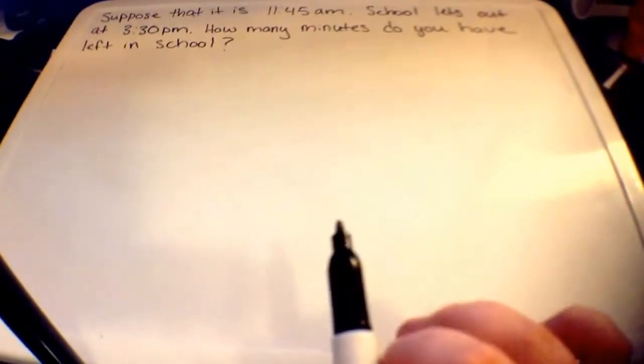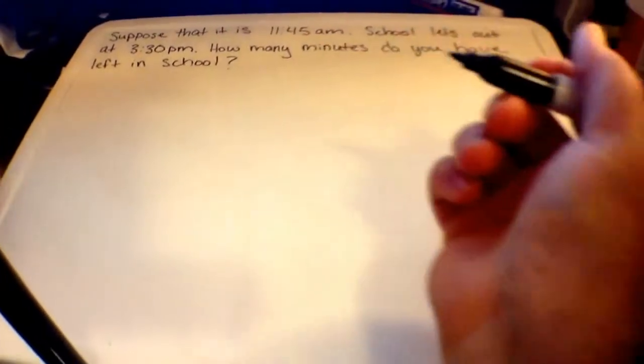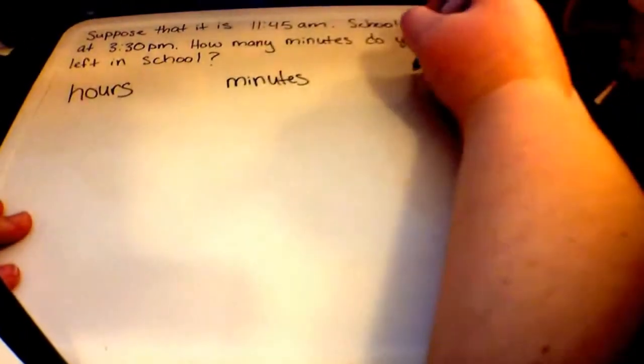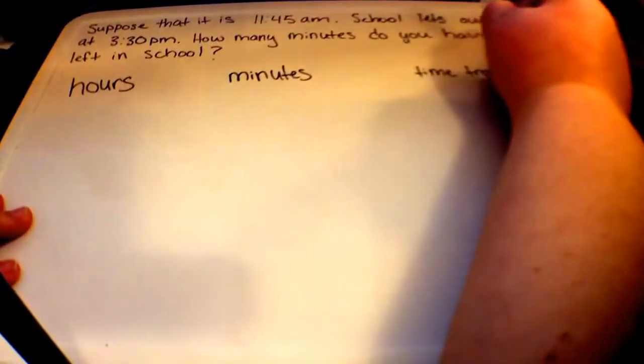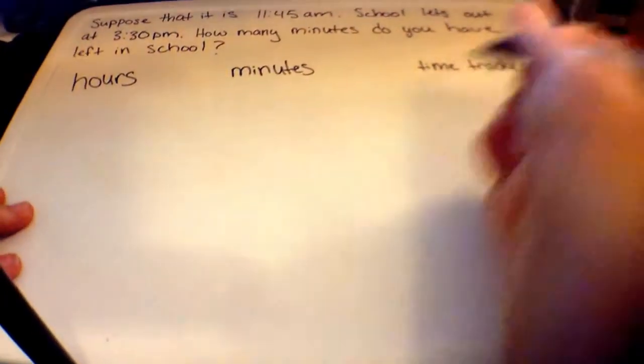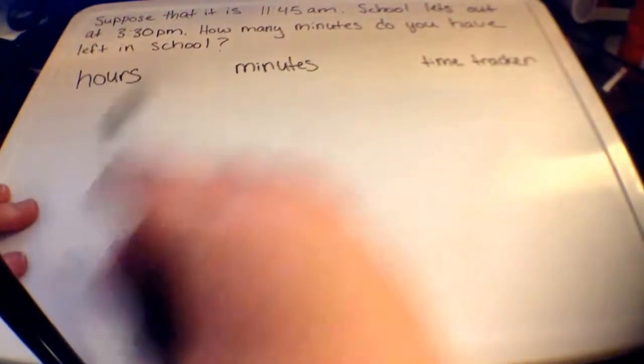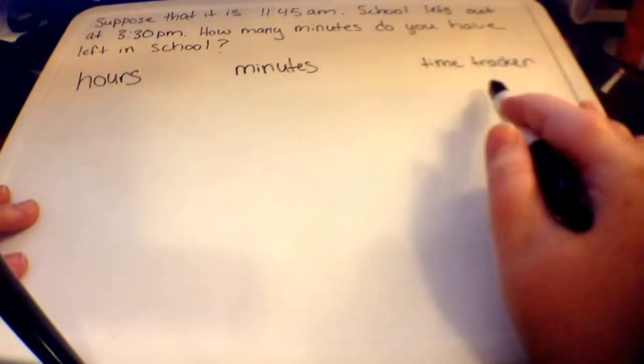Now, in order to solve this, we're going to use a set model. So it's going to be a time tracker, which will help us easily figure out how many minutes will be left in our day. Okay, we have one column for hours, one column for minutes, and then a time tracker.